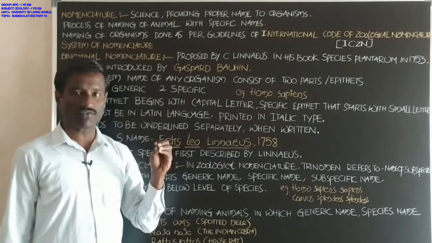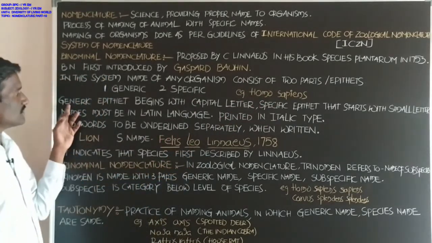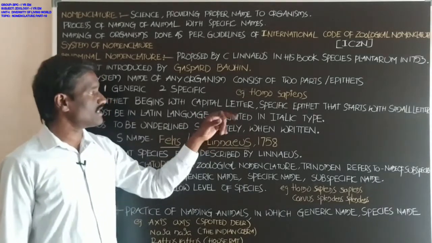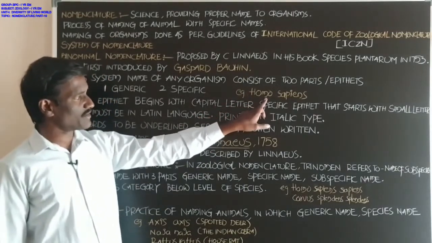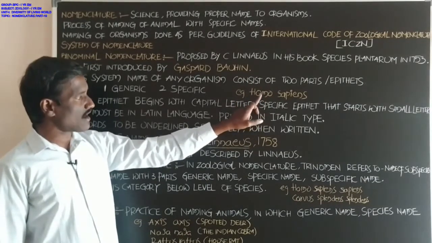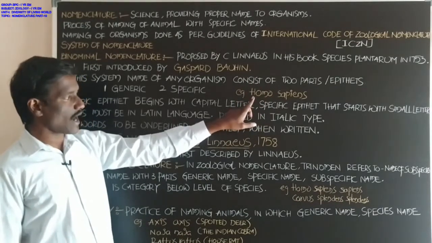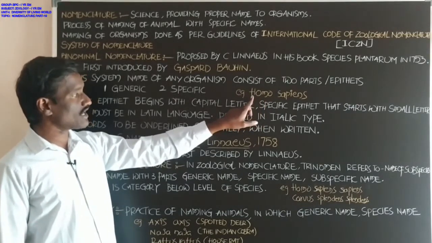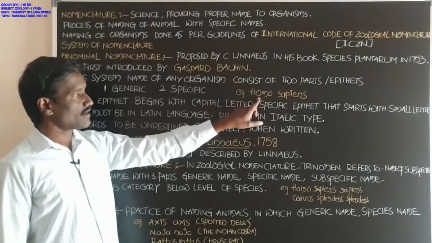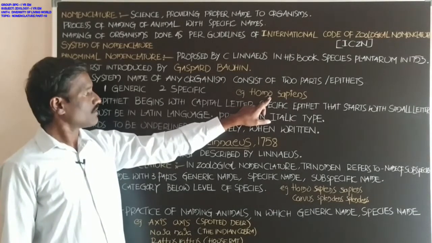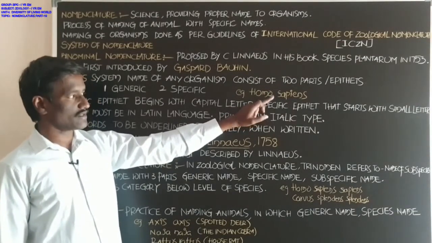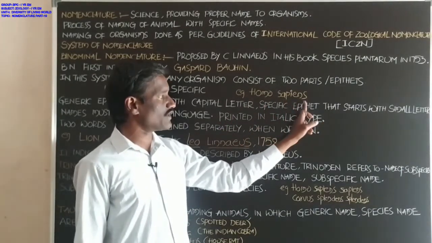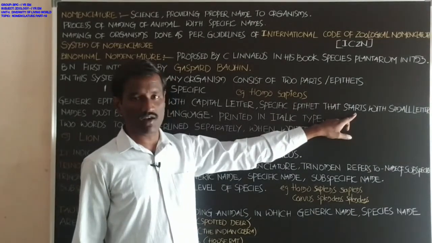The generic epithet begins with a capital letter. H is a capital letter, and the remaining letters are small letters. The specific epithet starts with a small letter.